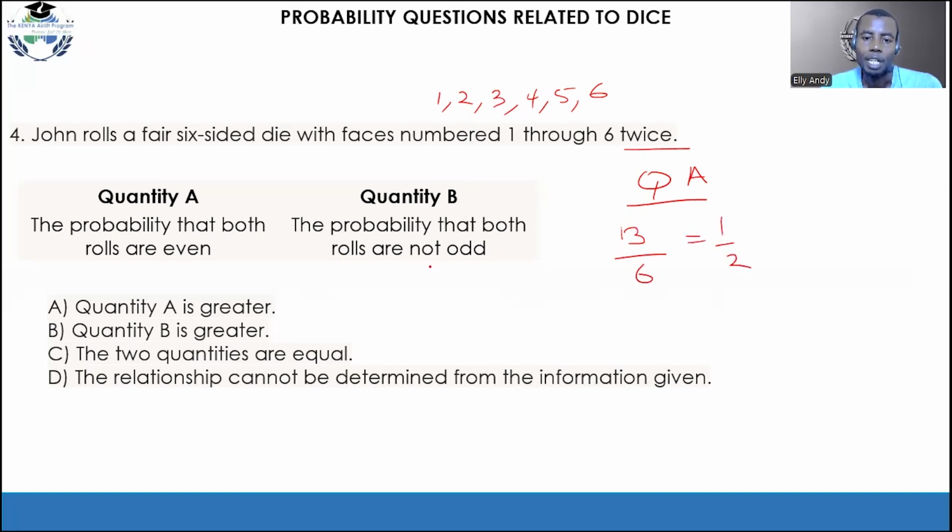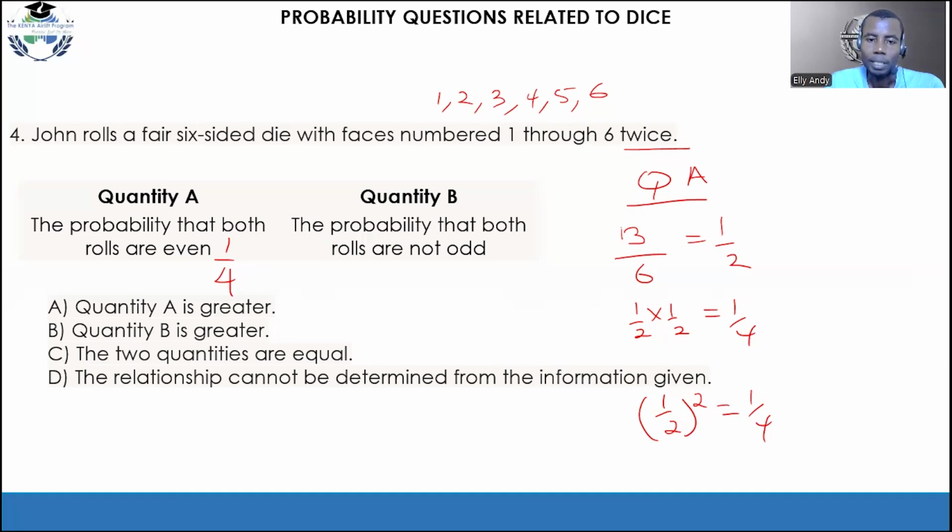So an even number and an even number, that would be 1 over 2 times 1 over 2, giving us a quarter. You can also view it as that 1 over 2, but now this is done twice, so you raise it to power 2, still a quarter. So our quantity A is a quarter.